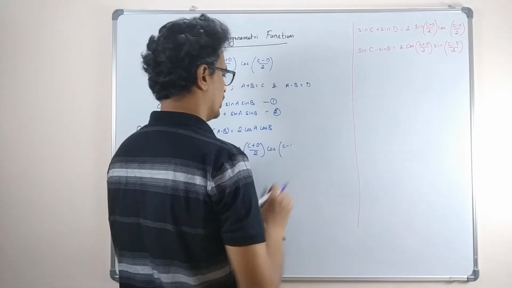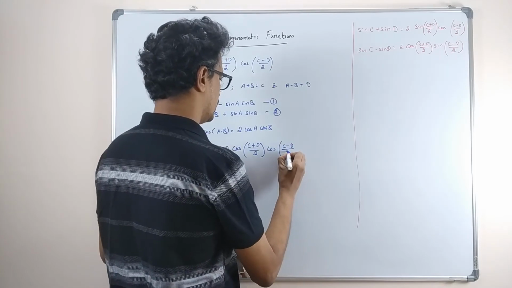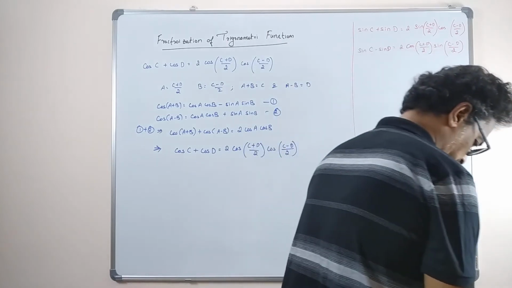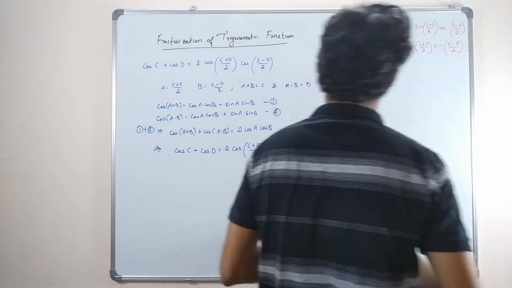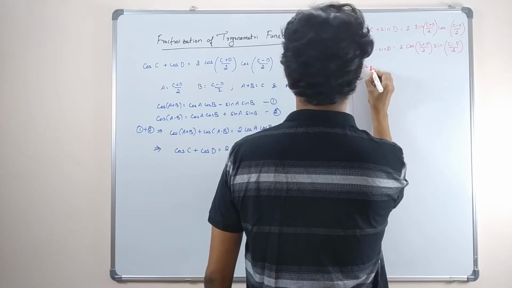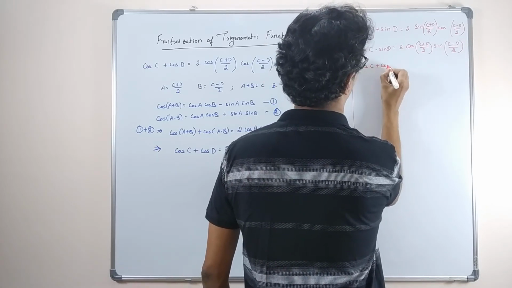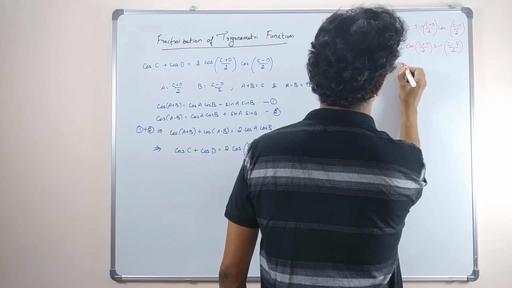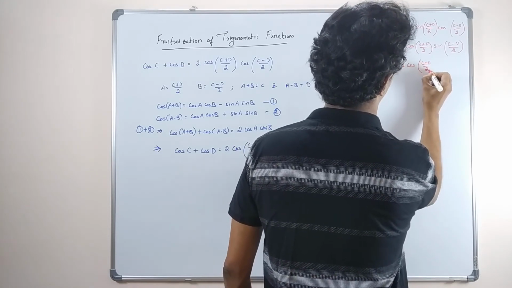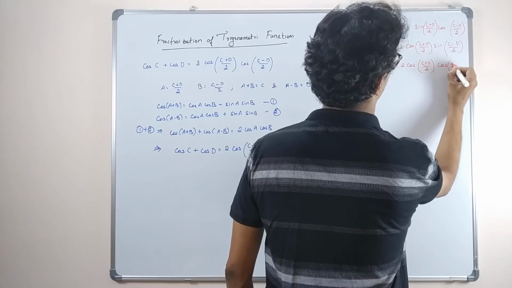Correct? We got the answer. So that is the next identity: cos C plus cos D is equal to 2 times cos((C plus D) by 2) and cos((C minus D) by 2).